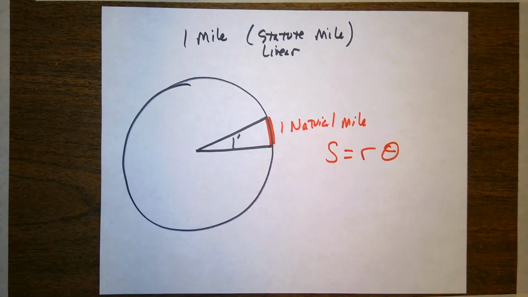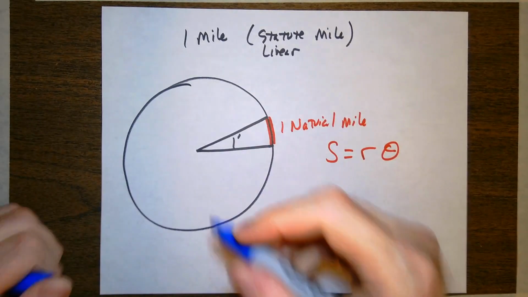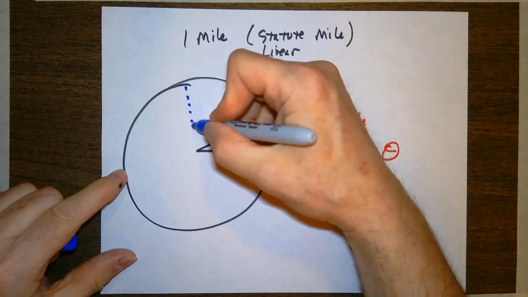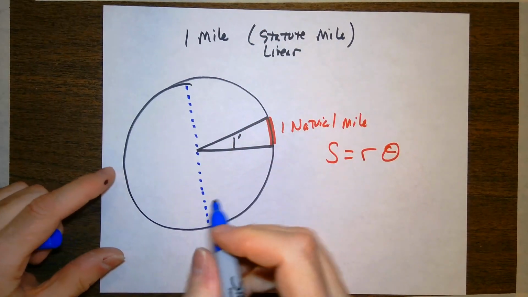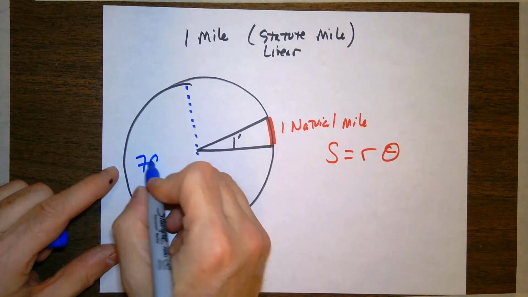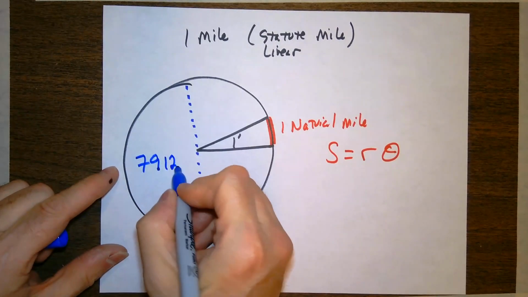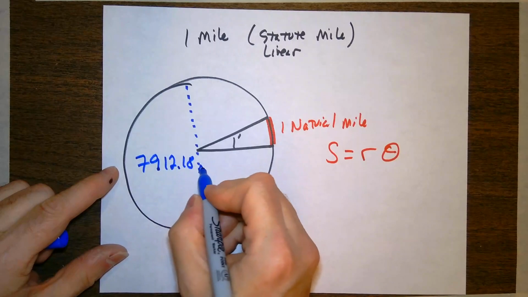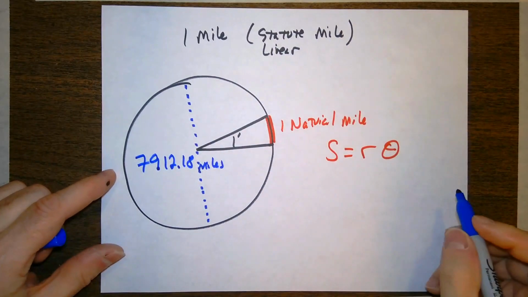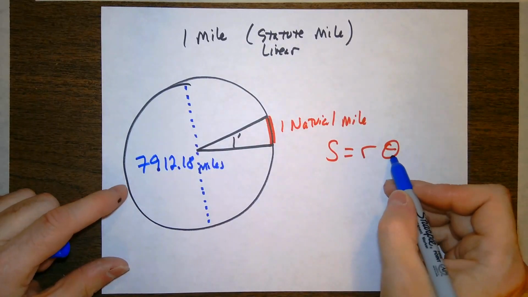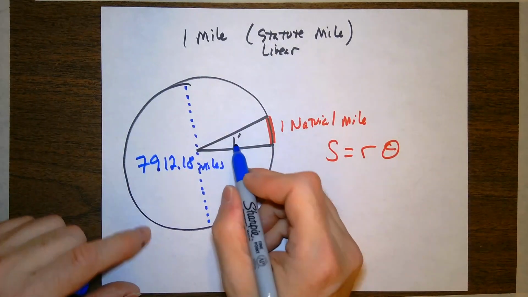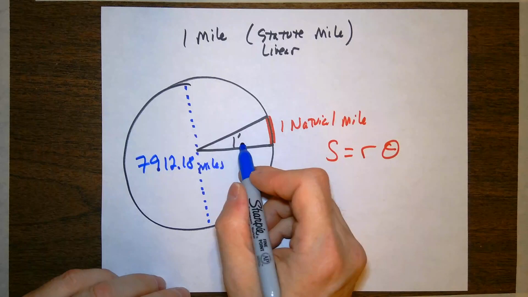Well, if I think about the Earth and the radius of the Earth, I can tell you that the diameter of the Earth is approximately 7,912.18 miles. So I'm going to need the radius, half of that, and the angle, but in radians. I'm going to have to convert that to radians.